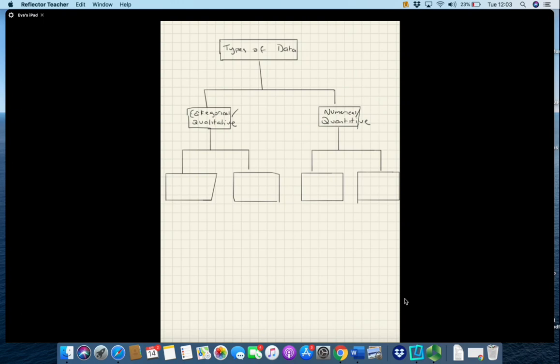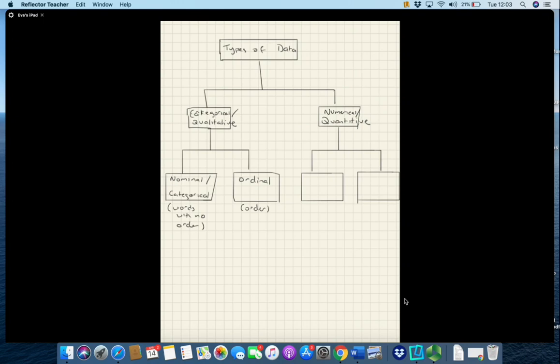So categorical data is nominal, or also called categorical, and this is ordinal. I remember this one because it has order. I remember this one because it's just words with no order.